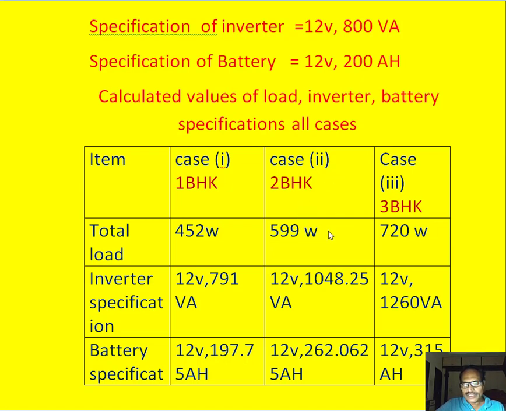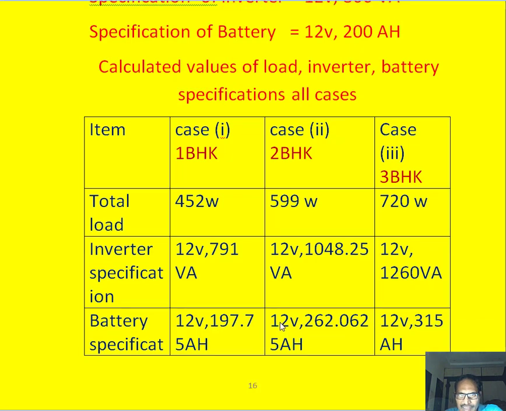For the second case, the 2 BHK house, the load calculation is 599 watts, and as per this the inverter is 12 volts 1048.25 volt amperes. Similarly, for 3 BHK it is 12 volts 1260 volt amperes.